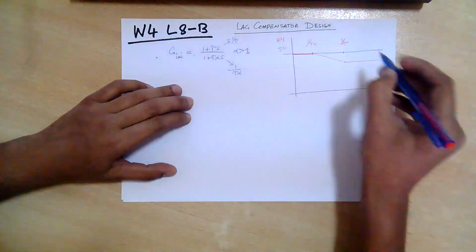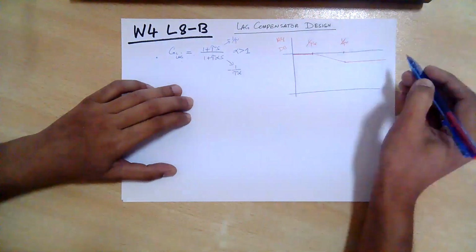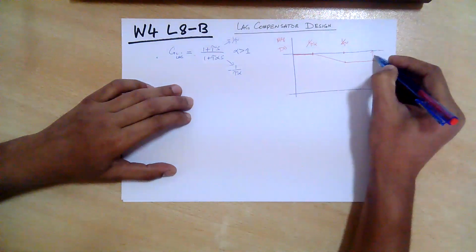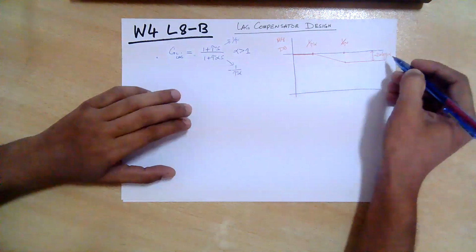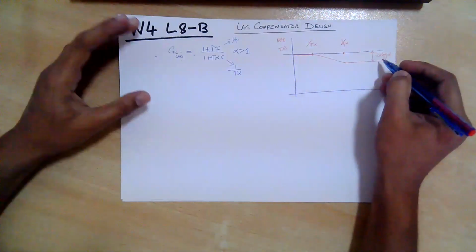These are the corner frequencies. This we already calculated; it will be minus 20 log alpha, negative, because this is on the negative side, and if you calculate you'll find the value is negative.